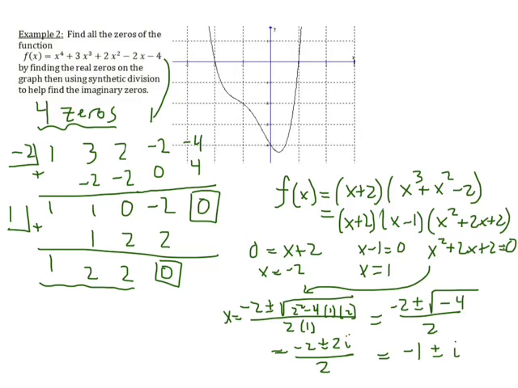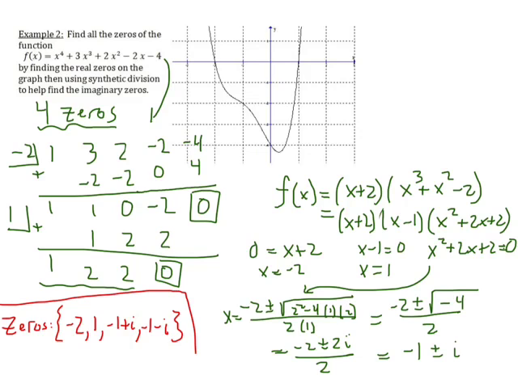And so we finally have our zeros. We have negative 2, 1, negative 1 plus i, and negative 1 minus i. And those are the zeros.